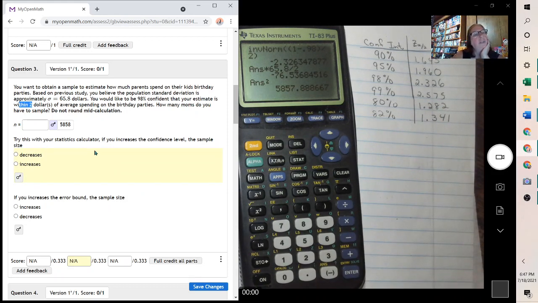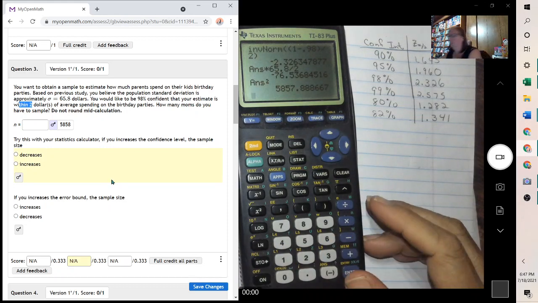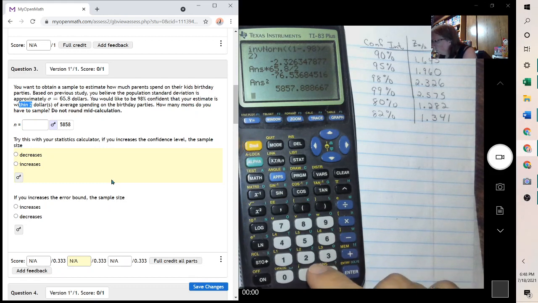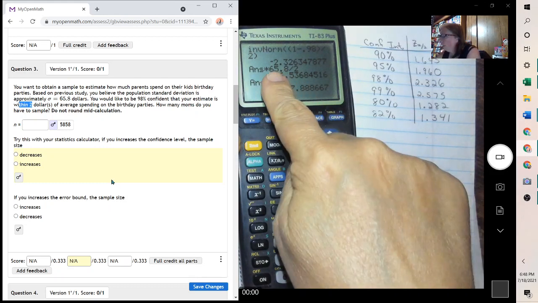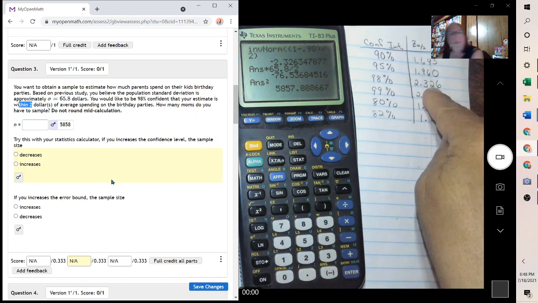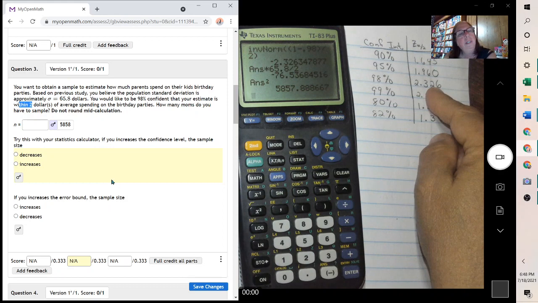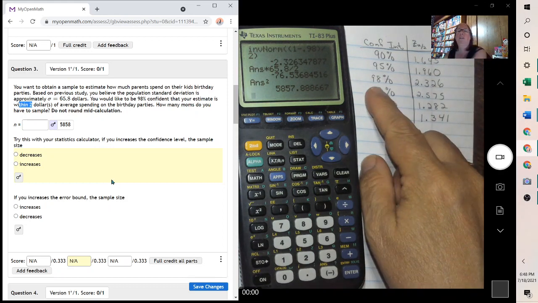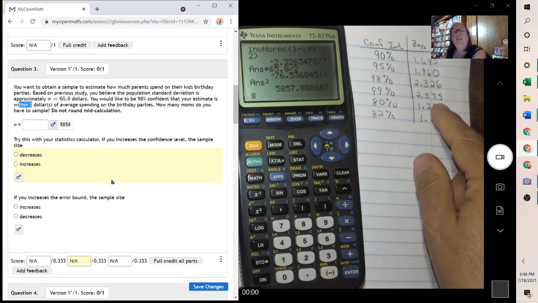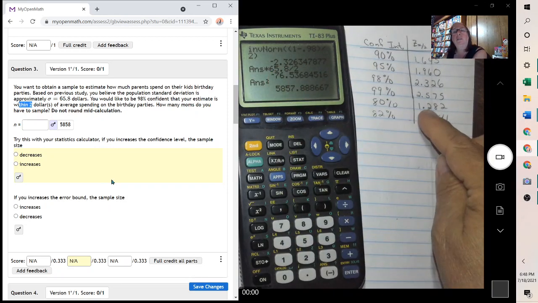Try this with your statistics calculator. If you increase the confidence level, does the sample size decrease or increase? Well, we had a 2.326. If we increase the confidence level, so if we had 98, if we go to 99, how does that change it? So instead of this decimal, we're going to use this one.